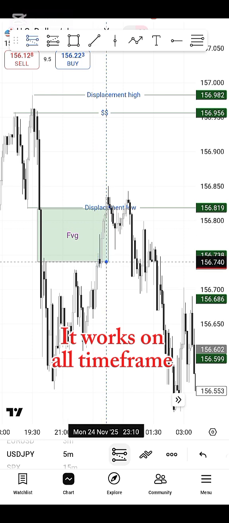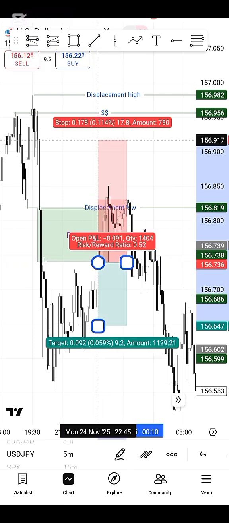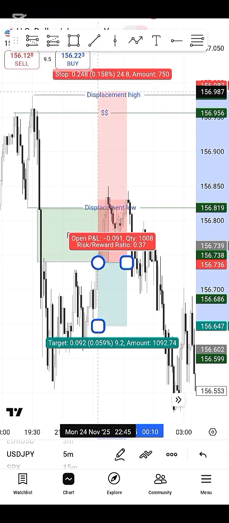Go for 1:3. Stop loss will be at the displacement high.